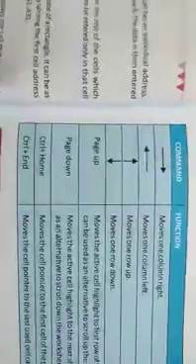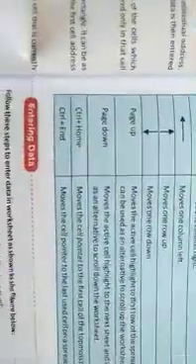Next is spreadsheet functions. To enter data in a worksheet, we need to move the cell pointer from one cell to another with the help of various keys defined in the table. You can see the commands and their functions here. Right moves one column right, left moves one column left, up moves one row up, down moves one row down.